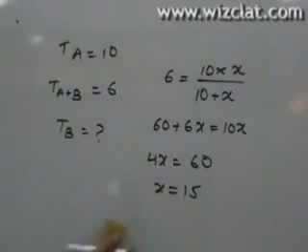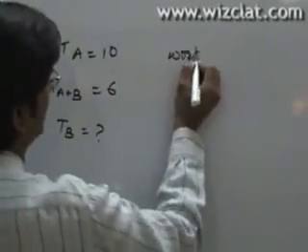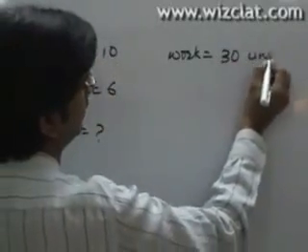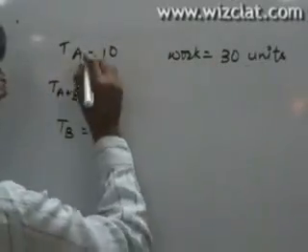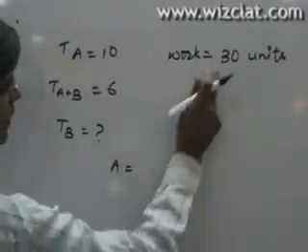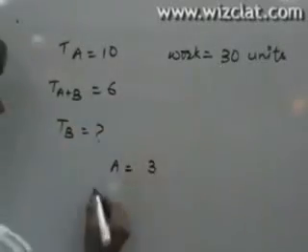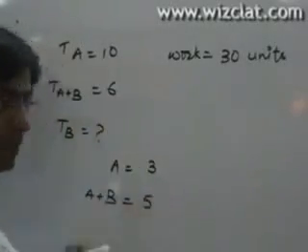Method number 3. Let me assume a work. Again the work will be LCM of the values 10 and 6, which is 30 units. So A can do 30 units in 10 days, therefore A's 1 day work will be 30 upon 10, 3 units. Together their 1 day work will be 30 upon 6, that is 5 units.